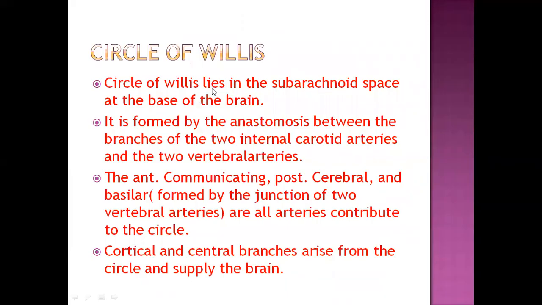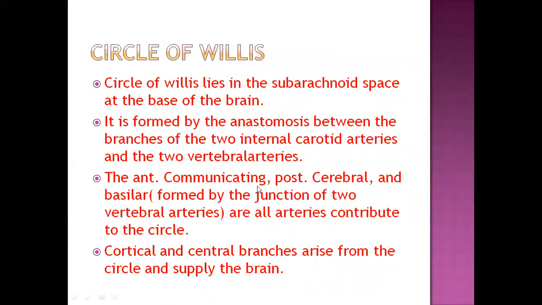So what is the circle of Willis? The circle of Willis lies in the subarachnoid space at the base of the brain, and it is formed by the anastomosis between the branches of the pair of internal carotid arteries along with the pair of vertebral arteries. This is the posterior communicating. This is not the anterior communicating.